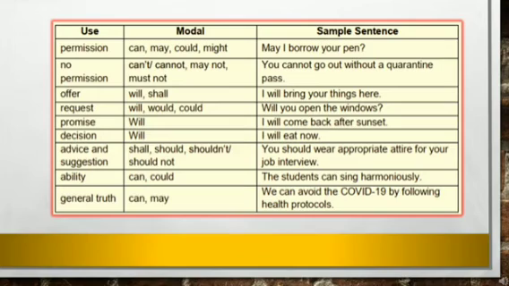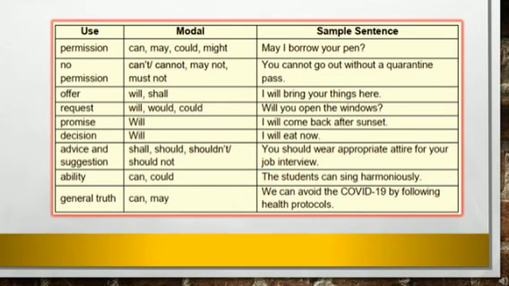So the suggestion here is "You should wear appropriate attire for your job interview," meaning the person is giving a suggestion about attire that is appropriate for the job interview.